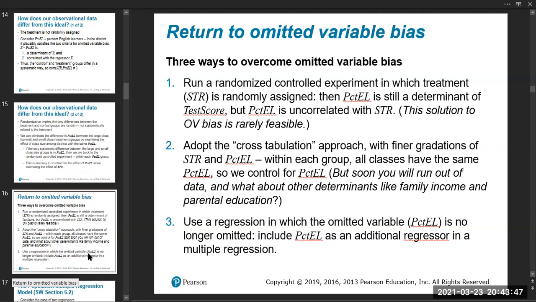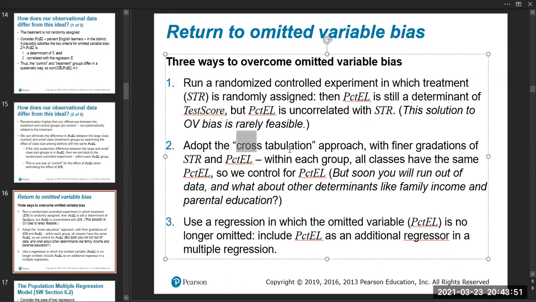The idea is that using this cross tabulation we just did, we find out that the class size estimate probably has a bias due to an omitted variable, which is this percentage of English learners. And we know that percentage of English learner is correlated with the class size. So we end up having a distribution of class size that is not randomly assigned.